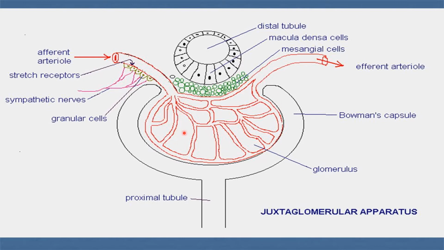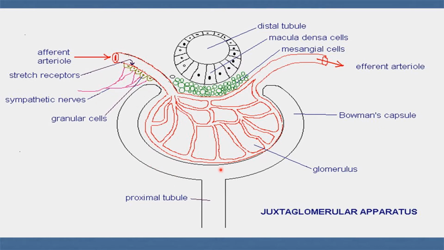This structure is the glomerulus, and blood enters from the efferent arteriole, is filtered into the glomerulus and subsequently into the Bowman capsule, and the remaining blood is returned to the circulation. So this is the structure of a nephron.